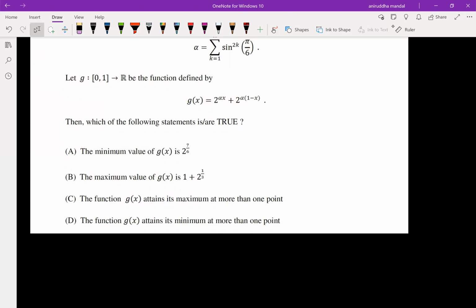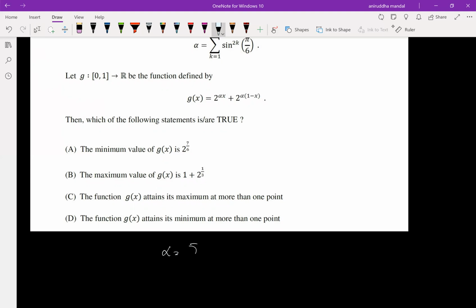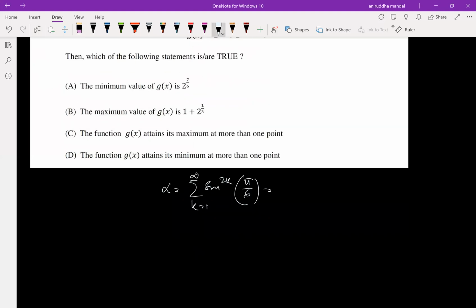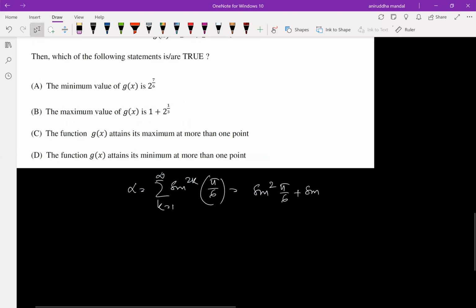Okay, so let me first write this alpha as sigma k equal to 1 to infinite sine to the power 2k pi by 6. If we expand this, putting k equal to 1, we can write this as sine square pi by 6 plus sine to the power 4 pi by 6 plus sine to the power 6 pi by 6, and so on, going up to infinite.